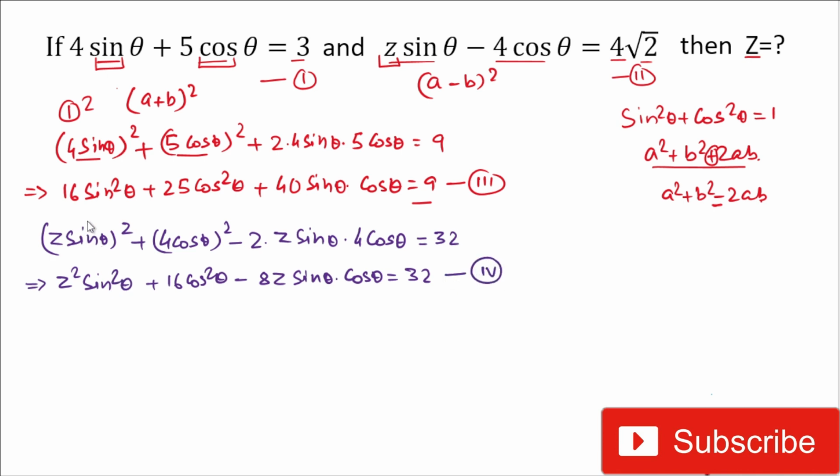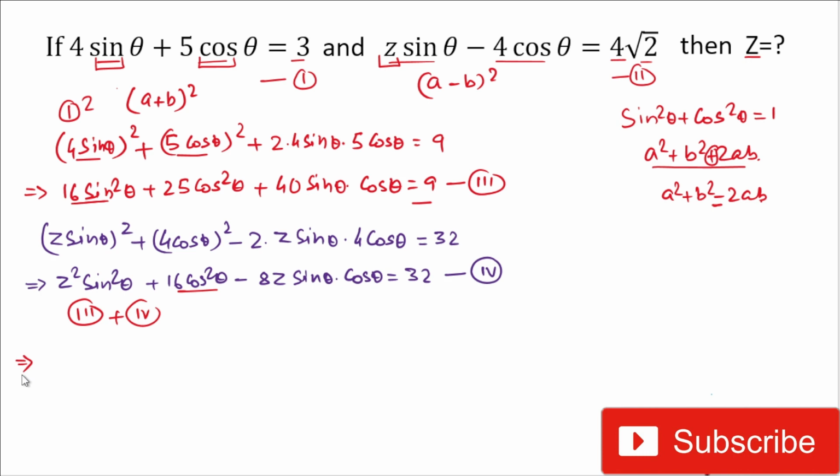Now in the next step, we have 16 sine square theta in equation 3 and 16 cos square theta in equation 4, so we'll add equation 3 and equation 4.